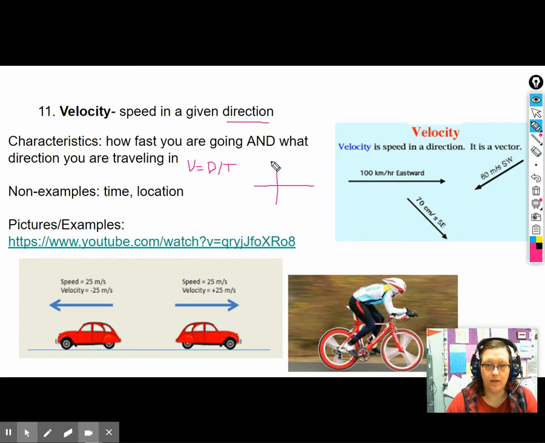And remember, it's not left or right, it's cardinal compass directions, okay? A non-example could be something else you can measure, like time, distance, that kind of thing.